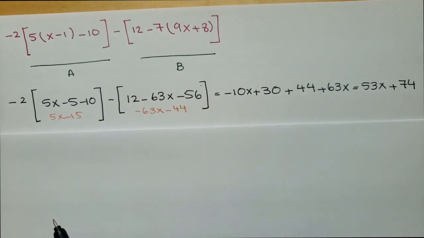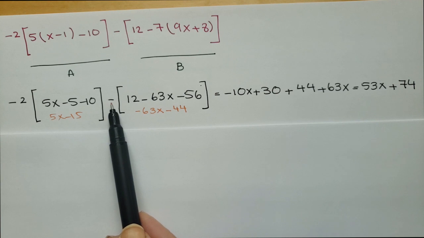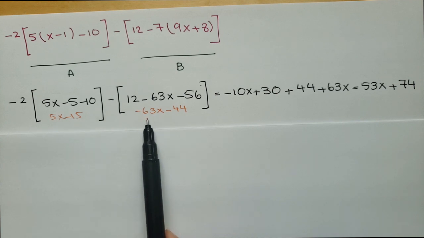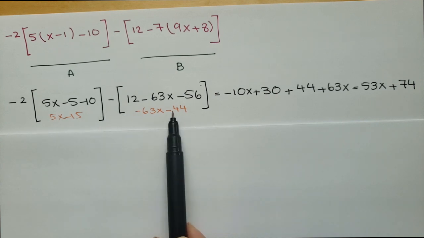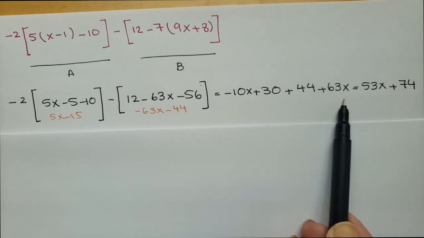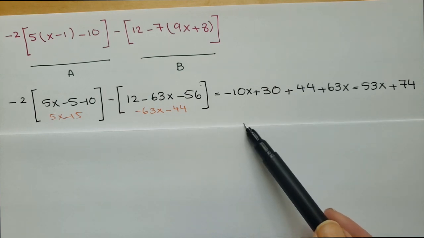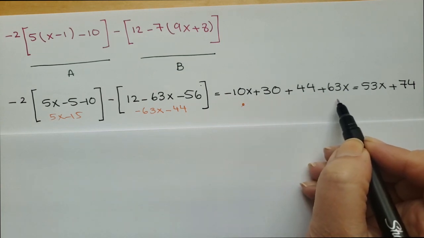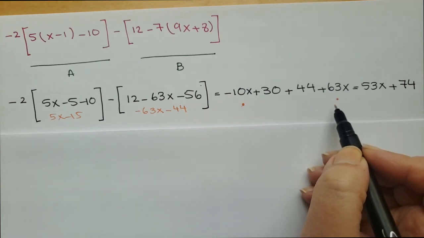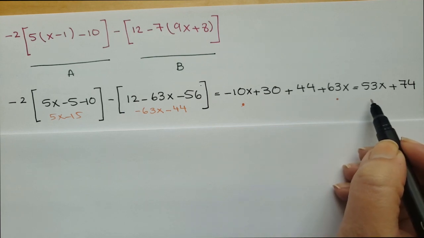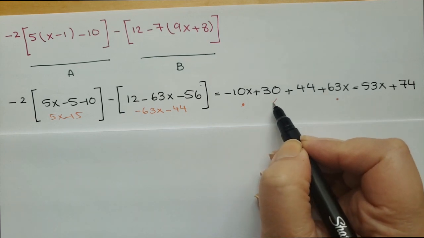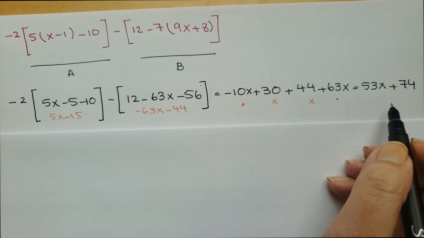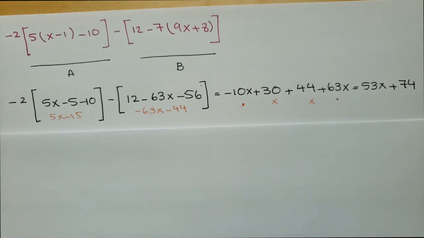Okay, but remember there is a negative sign in front, so that would be plus 63x and plus 44. Now from here I can identify the like terms: -10x plus 63x, which is 53x, and then 30 and 44 can be added together to get 74.